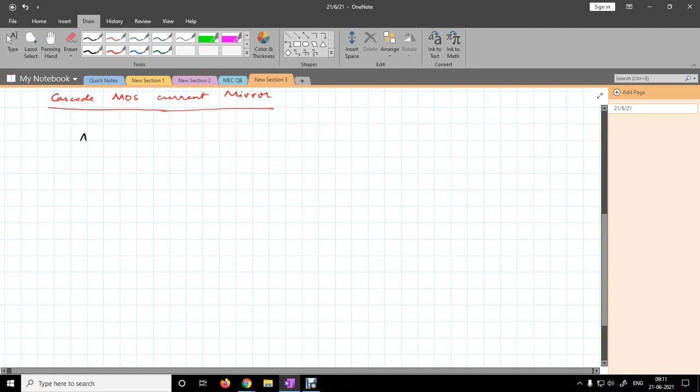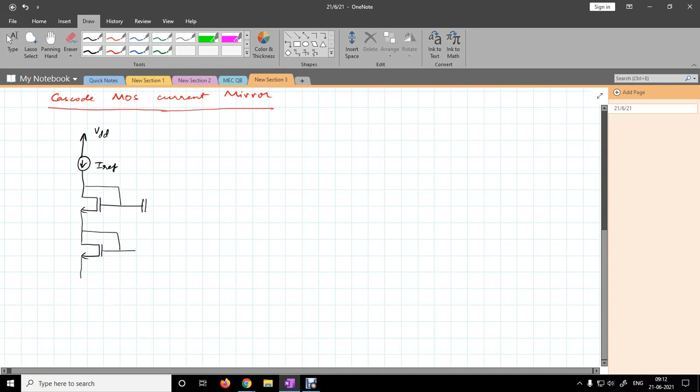So this is VDD. This is I reference. This one goes to my MOSFETs. Both these MOSFETs are diode connected MOSFETs, meaning their gate and drain are shorted.